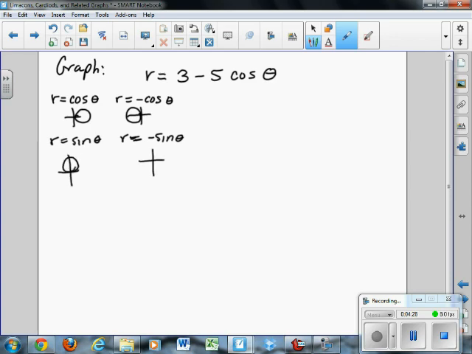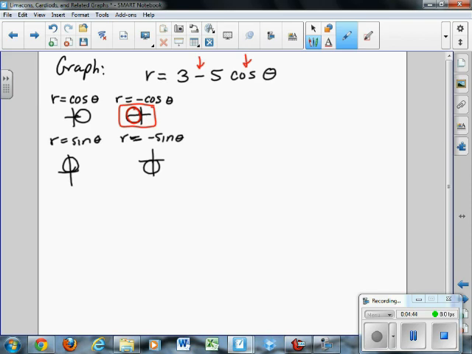So that tells me when I see this negative and the fact that it's cosine, that I'm going to have a graph where the majority of the graph is to the left of the pole. The second thing I want to know is where is cosine equal to 0?